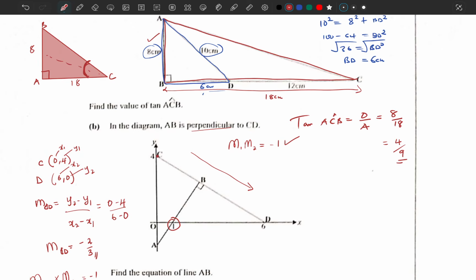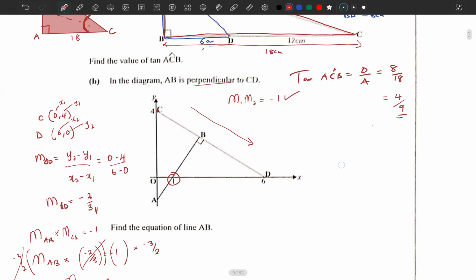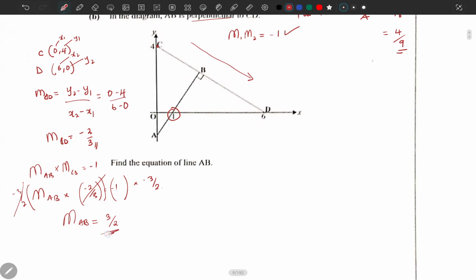Now that you know that, let's finalize the question. Now that we know the gradient, and line AB is passing through this point here called 1, 0, this becomes our x1 and our y1 in terms of line AB. So use this equation: y minus y1 is 0, gradient is 3 over 2, x minus 1.